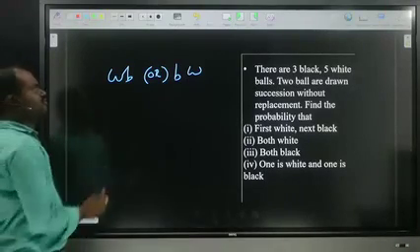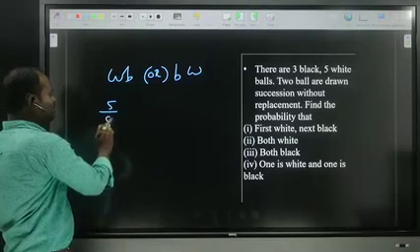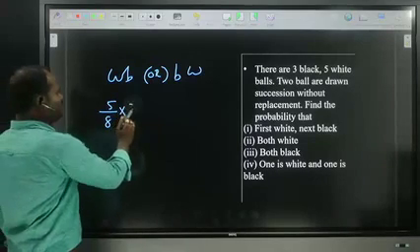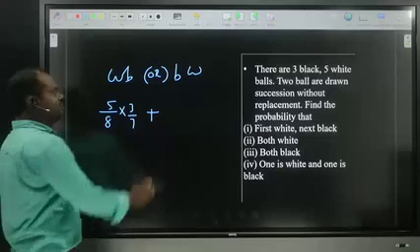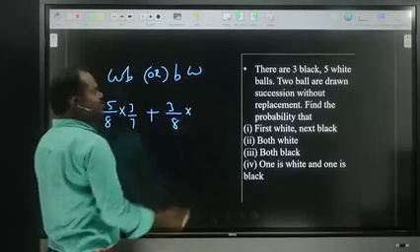Now, what is the first case? First is white means 5 by 8, into next should be black, that means 3 by 7. Or, plus, if first is black, 3 by 8 into next should be white, 5 by 7.